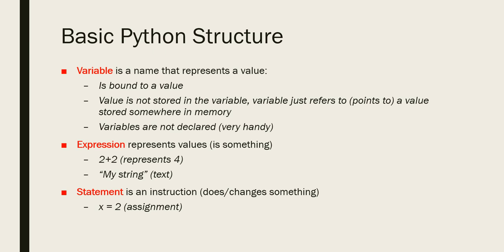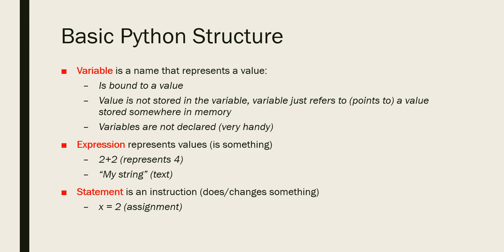If I write x equals 2, I'm saying that variable x is the name of my value 2. A variable is not really a container directly, in the sense that you do not store your value in the variable. It's more like a pointer to some value in memory.